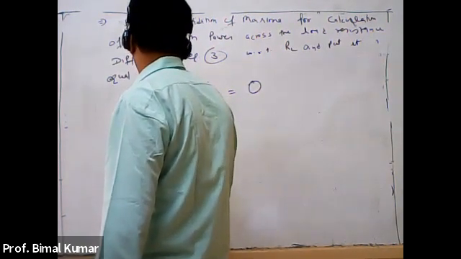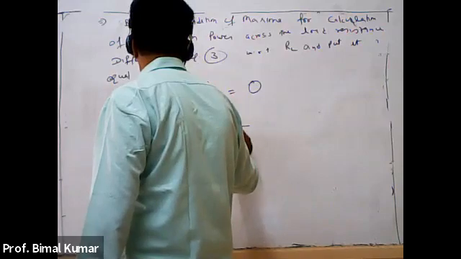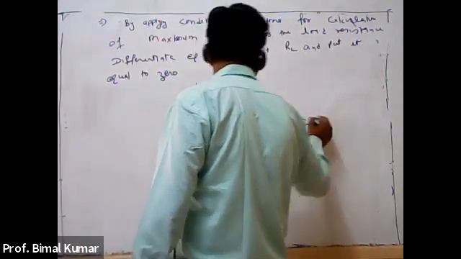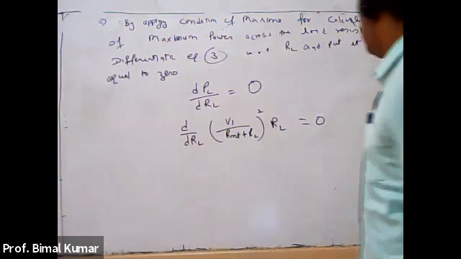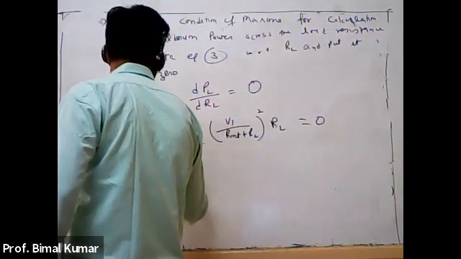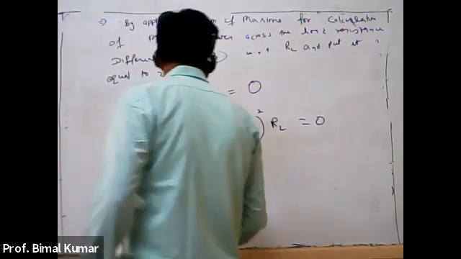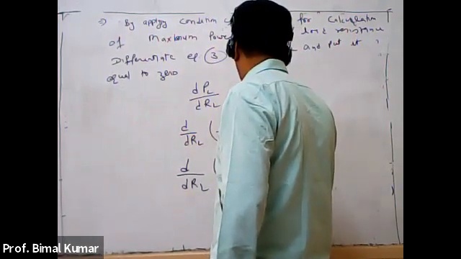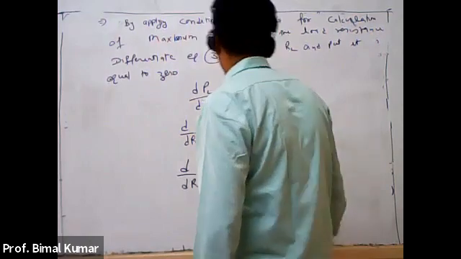That means d by dRL of V1 square divided by R internal plus RL, its whole square into RL is equal to 0, right?